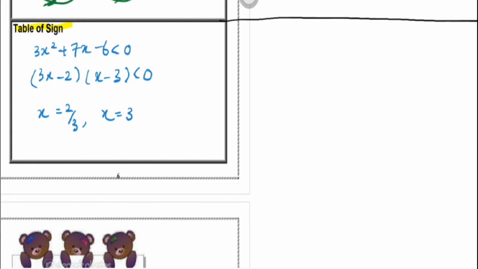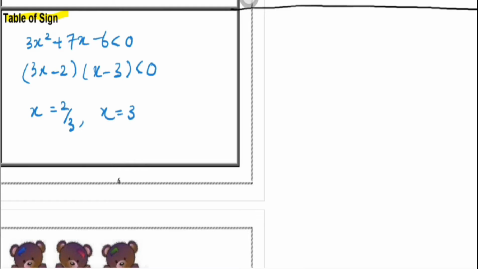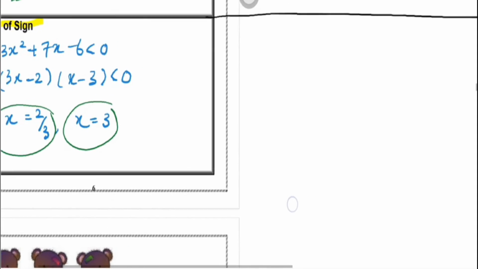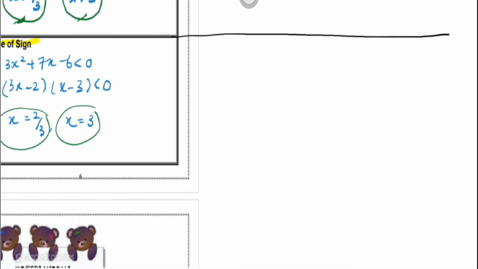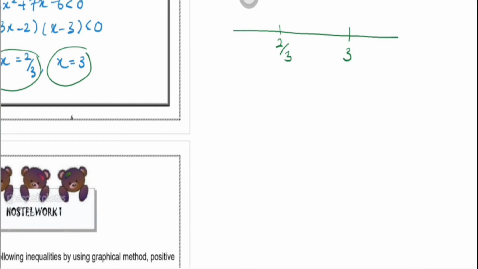Alright, now once we have all of these values of x, we can draw the table. By using these two numbers, we can draw the number line and put both of them on our number line, which is 2/3 and 3. And exactly below them, we're gonna draw our table.